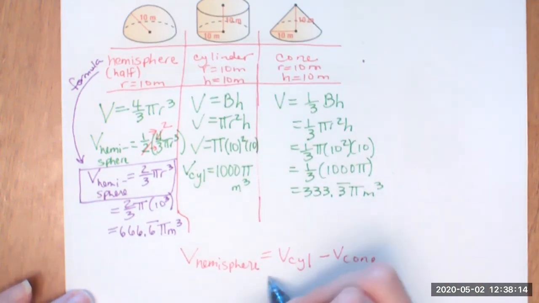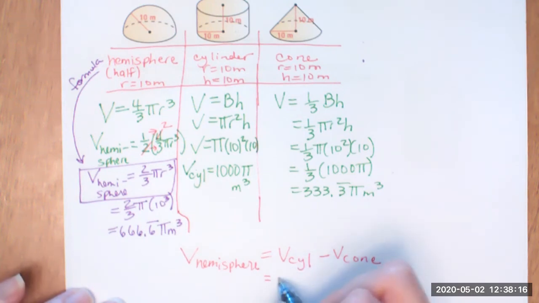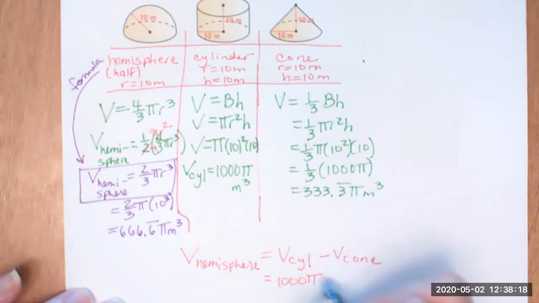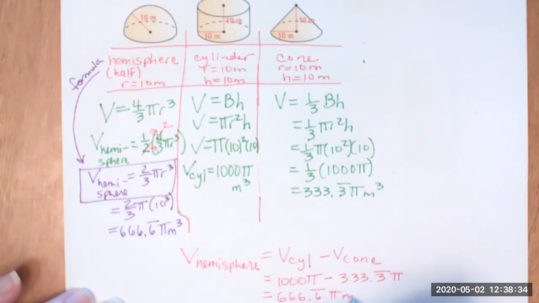Watch. If I take the volume of the cylinder, which is 1,000 pi, and subtract the volume of the cone, which is 333.3, repeating, pi, sure enough, I get the volume of the hemisphere, which is 666.6 pi, repeating.